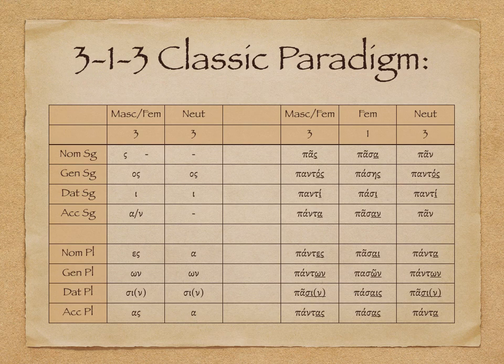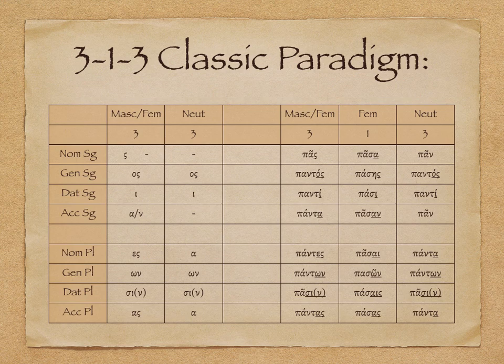Well, let's think about the pattern here then. Pos to pontos to ponti and ponta. And in third declension, whatever happens in the accusative singular masculine also happens in the neuter plural nominative. See that? Ponta, ponta. And what happens in the nominative plural in neuter also happens in the accusative plural.